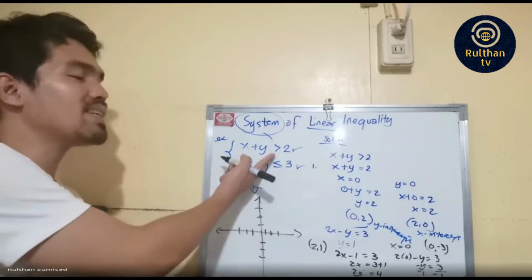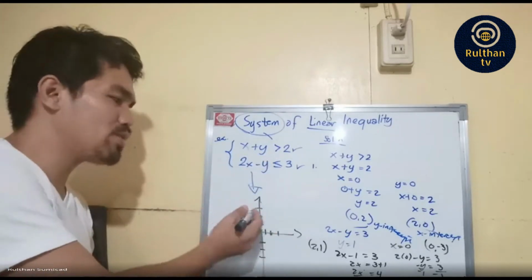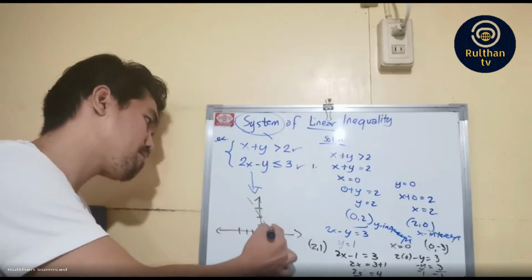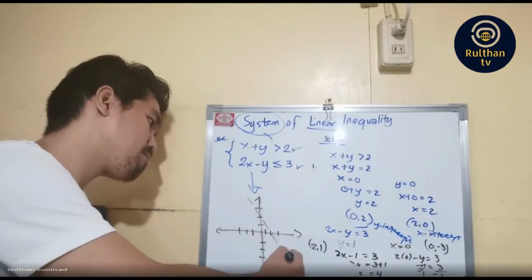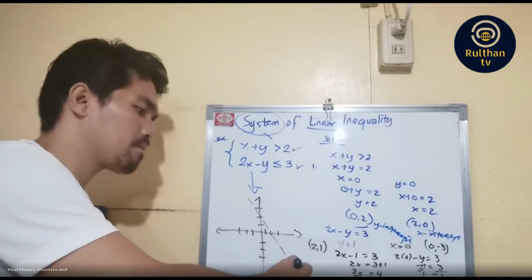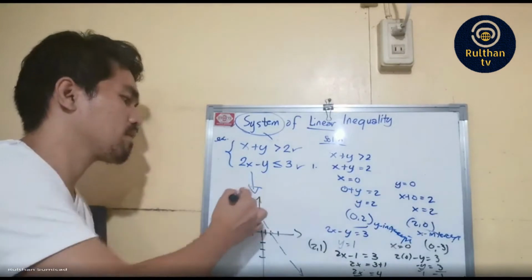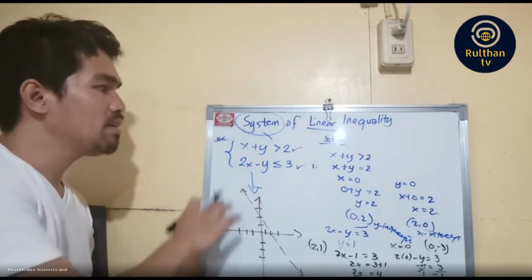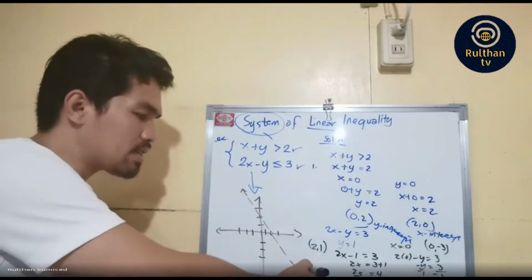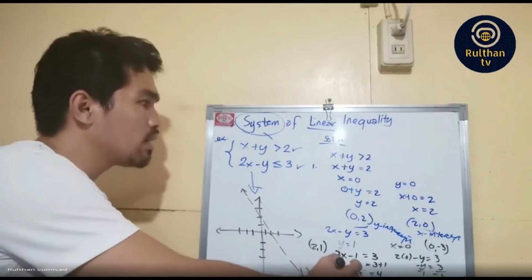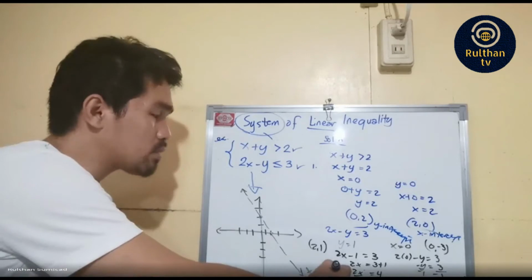So since it is not strict, I'm going to use a broken line. So I have this for the first inequality. I'll label this graph as x plus y greater than or equal to 2.